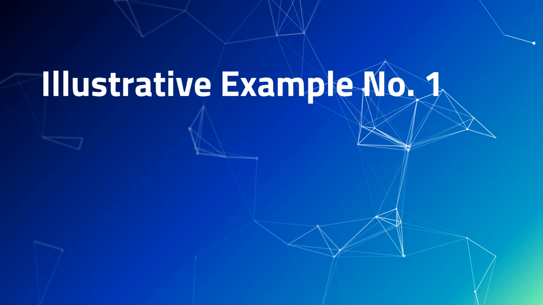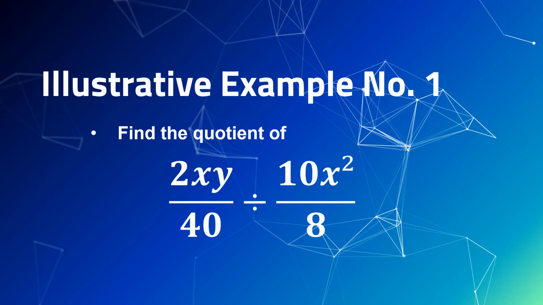For you to understand that process, let's have this illustrative example number 1. The problem is that we are going to find the quotient of 2xy over 40 divided by 10x squared over 8. When we say quotient, that is the answer in dividing two numbers.